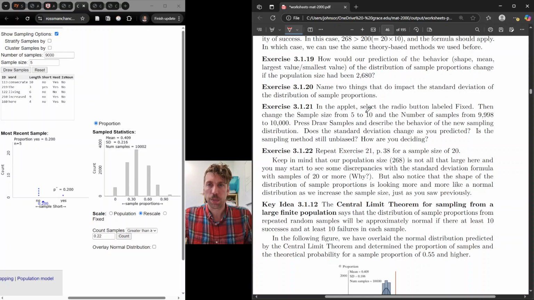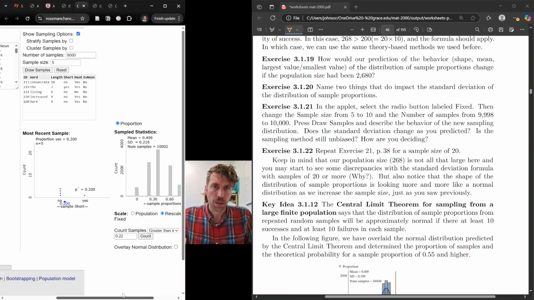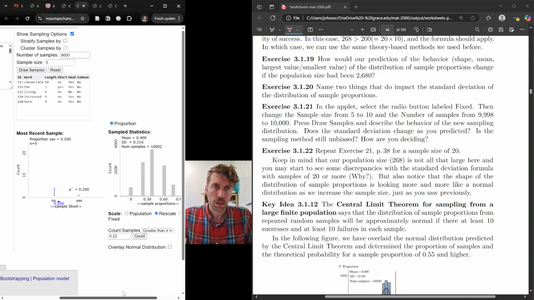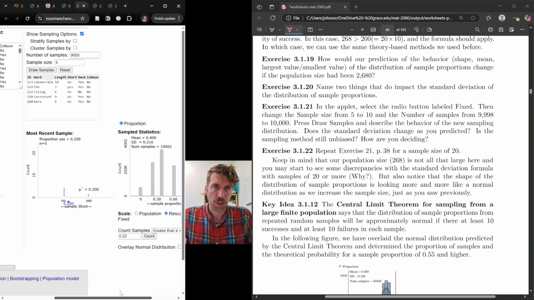In the applet, select the radio button labeled fixed, then change the sample size from 5 to 10. Okay, so fixed. Show sampling options.